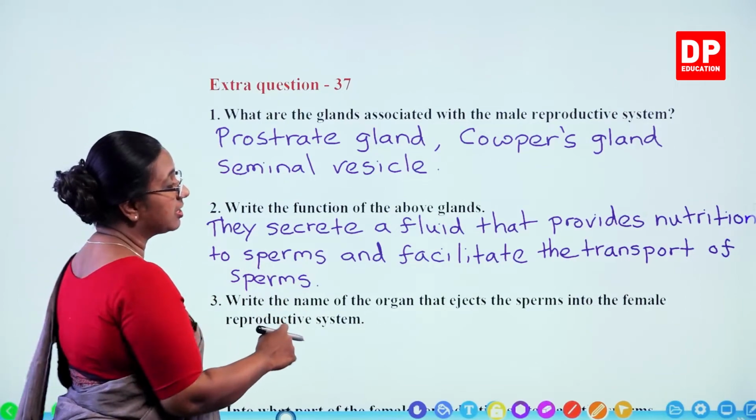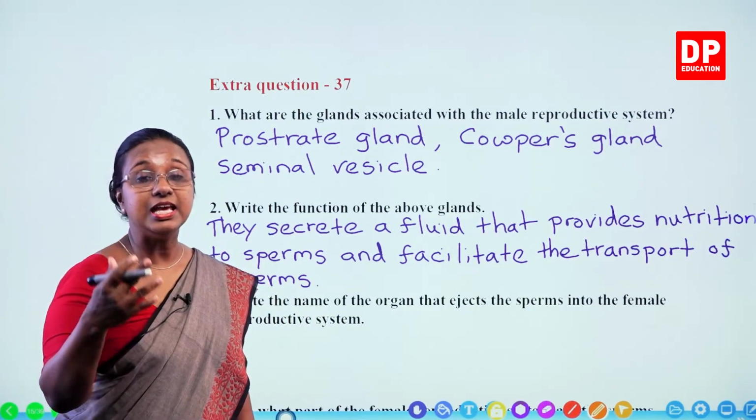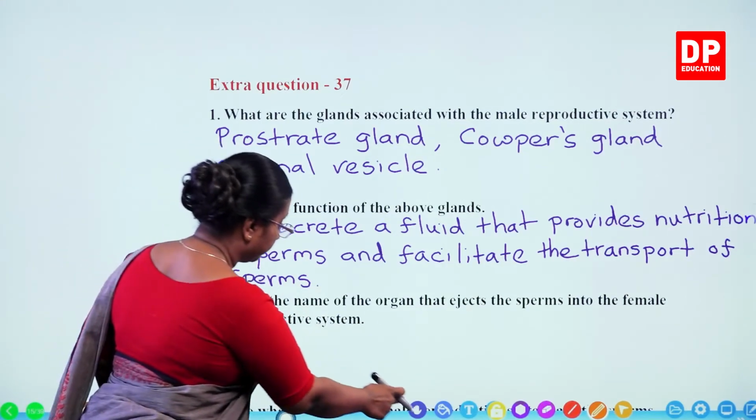So the two main functions, they provide nutrition and they facilitate transport of the sperm.